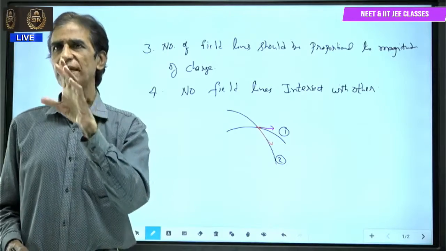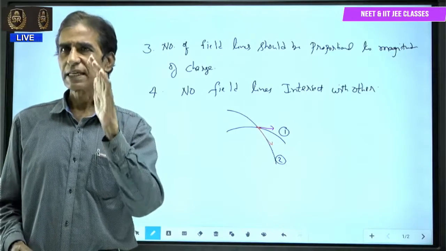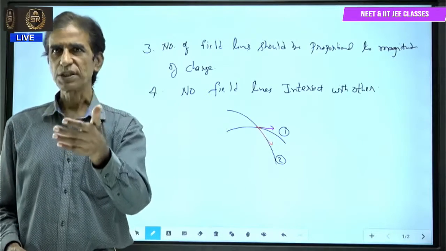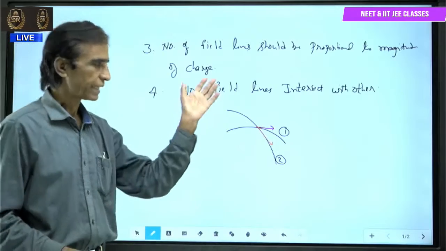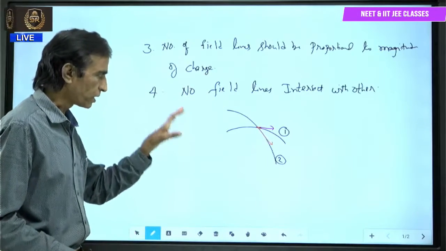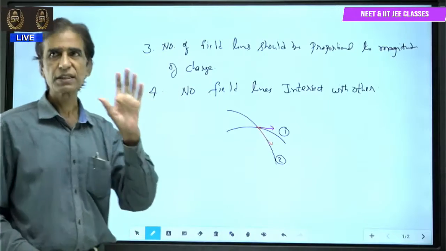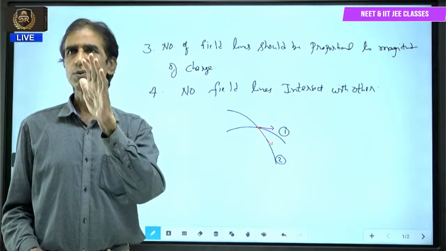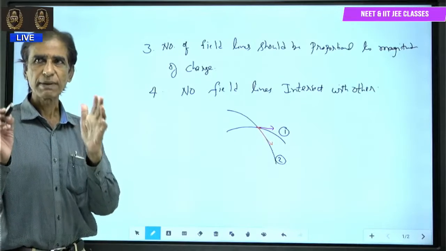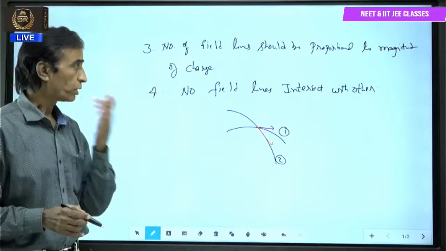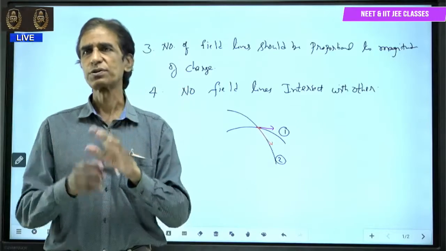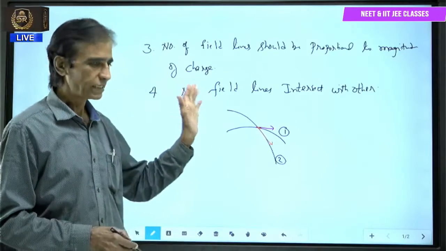For a dipole, the lines originate at the positive charge and terminate at the negative charge. The number of field lines we draw for a charge must be proportional to the magnitude of the charge. And no two field lines should intersect. So those are the rules when you draw the field lines.